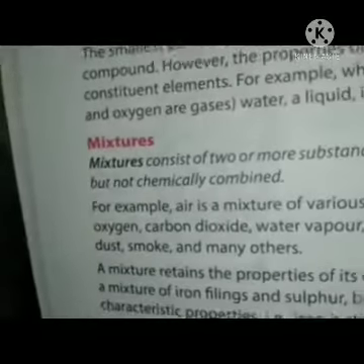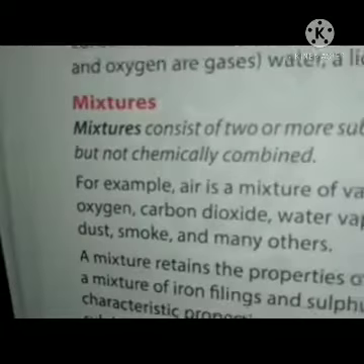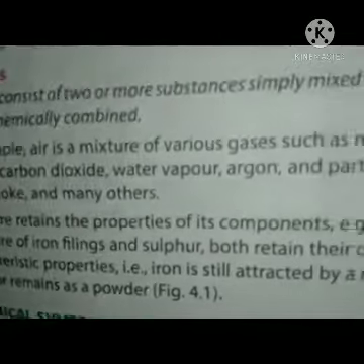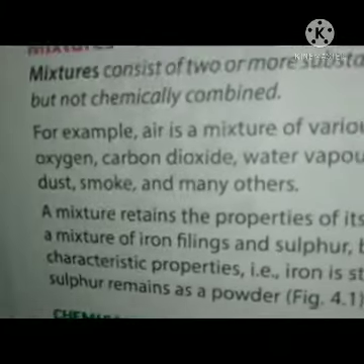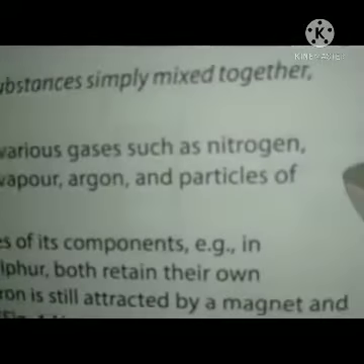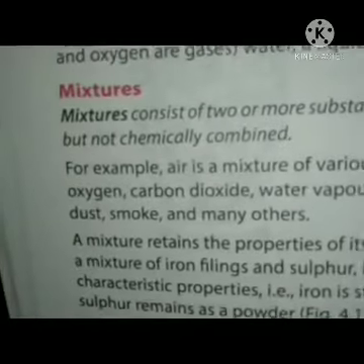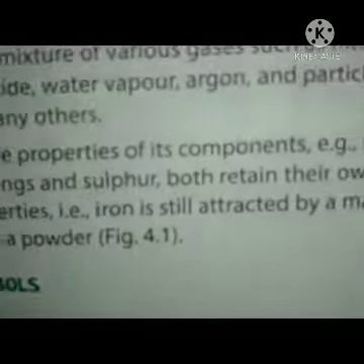Now mixtures consist of two or more substances simply physically mixed together, not chemically. So they are not chemically combined. For example, air is a gaseous mixture of various gases, such as nitrogen, oxygen, carbon dioxide, water vapor, argon, and particles of dust, smoke, and many other gases. They combine together to form the mixture of air. A mixture retains the properties of the individual components.